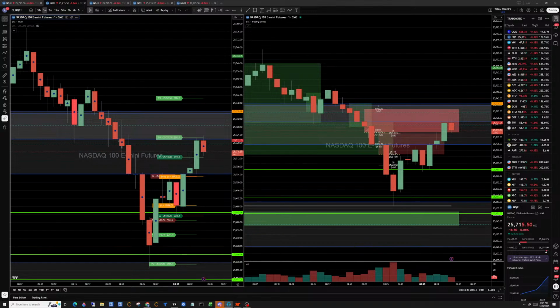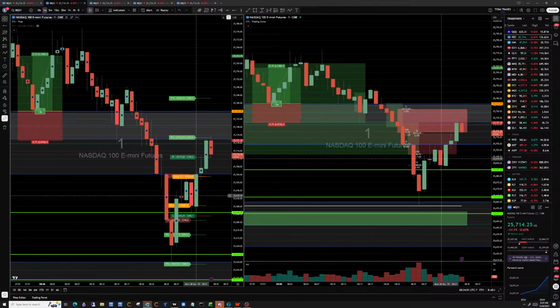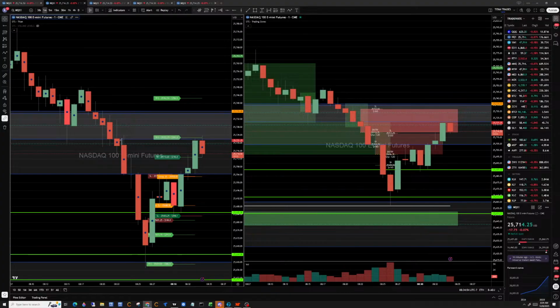It also respected that 5-minute buy zone, so it's in line with what we're seeing on these charts with the indicator. Yeah, it's looking good. I'm wondering what this 9:50 candle is going to do, though.